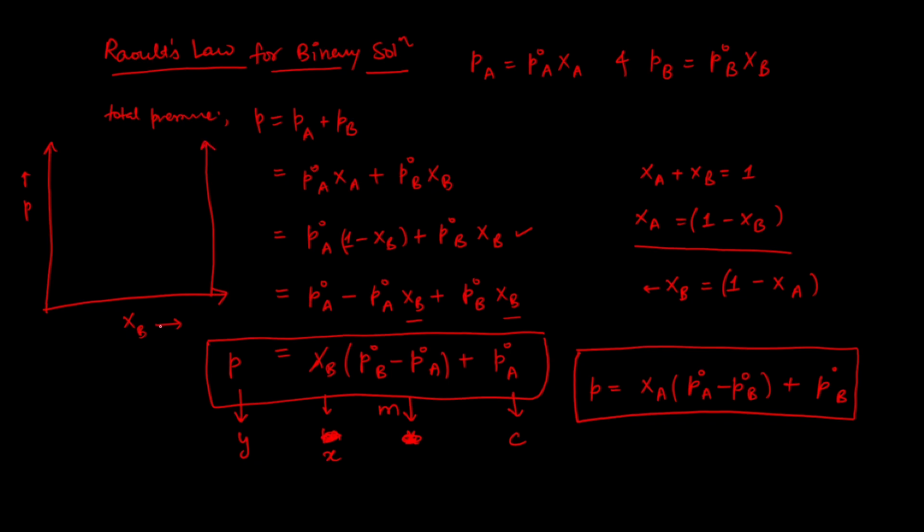So if chi B is increasing towards this side, that means at this point chi B will be maximum, and at this point chi B will be 0.